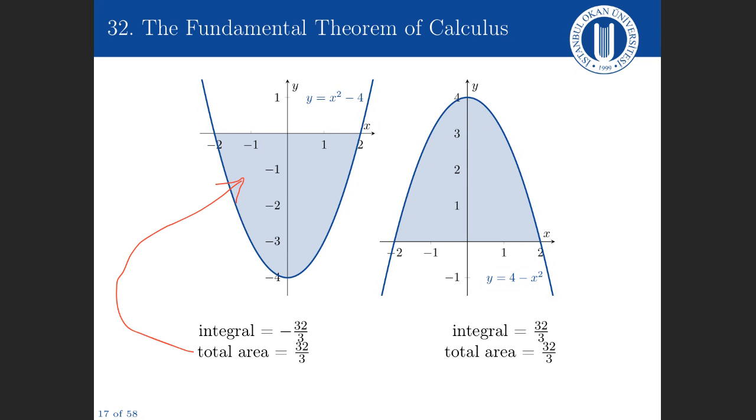And on the right, we have the function multiplied by minus 1, 4 minus x squared. This blue region represents the integral, and because the integral is positive, it's also the total area.